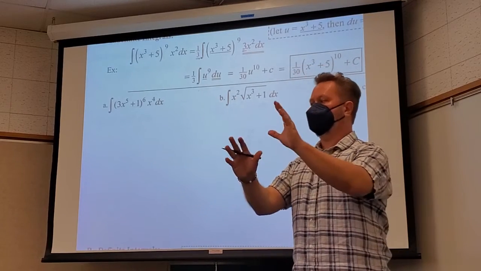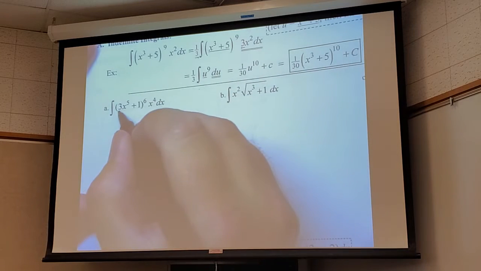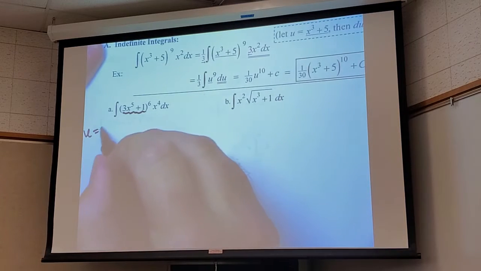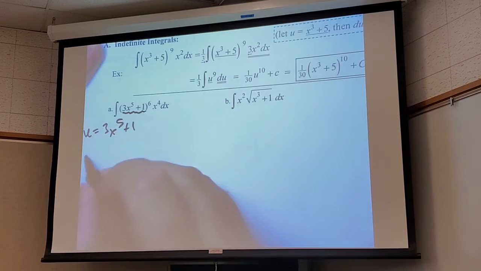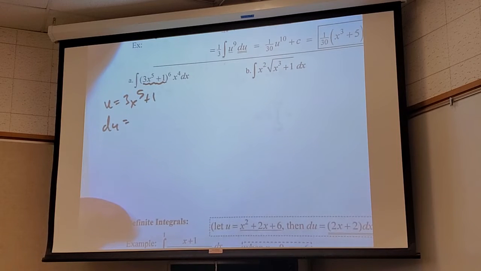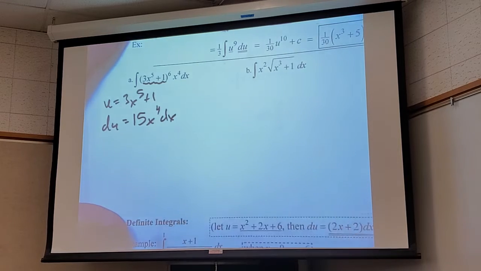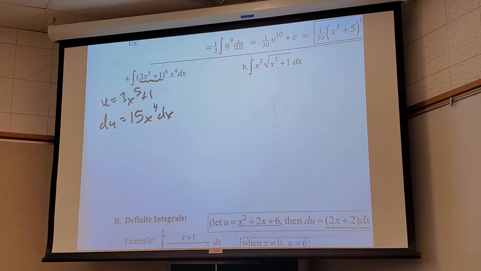Okay, so what do you want to let u equal here? 3x to the 5th plus 1. Yes. Let u equal this piece. So then what's du? 15x to the 4th dx. So I know what to put in place of 3x to the 5th plus 1.